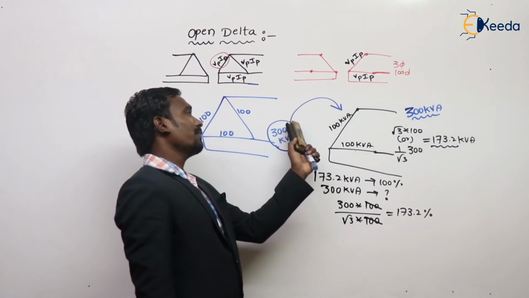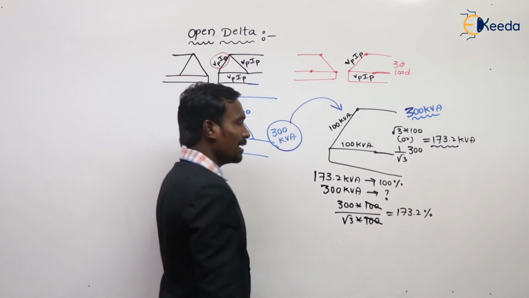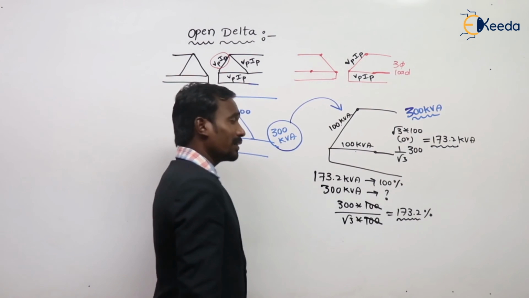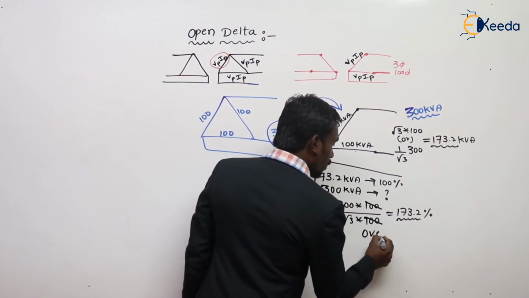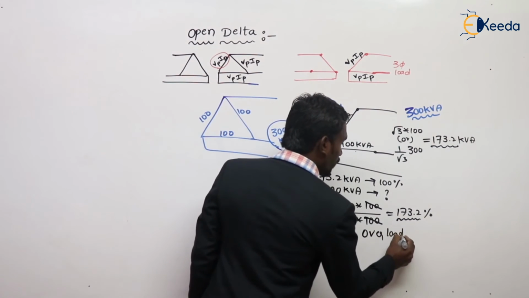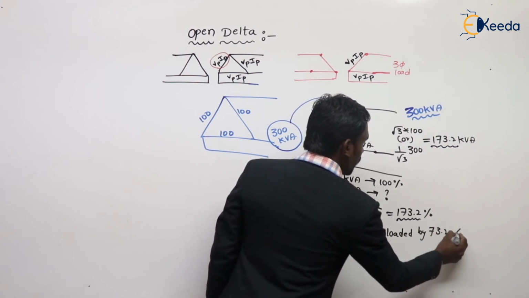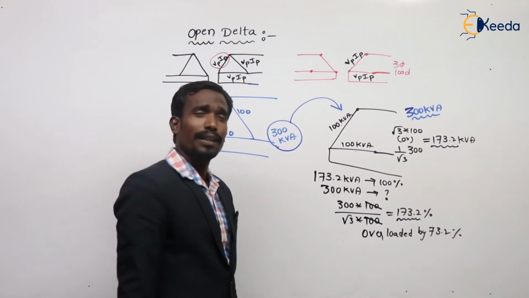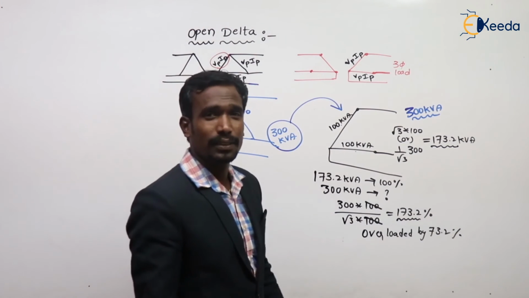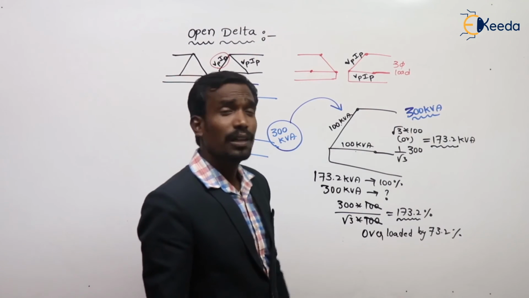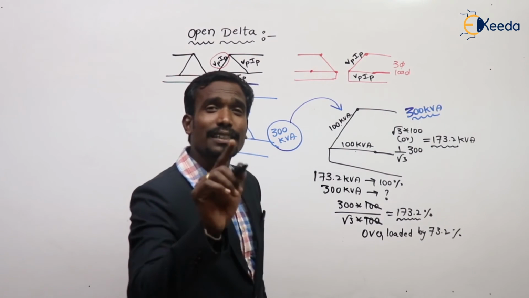If the same kVA is applied on open delta, the transformer is loaded at 173%, nothing but overloaded by 73.2%, then the machine gets damaged actually. What is the answer? Overloaded by 73.2%.